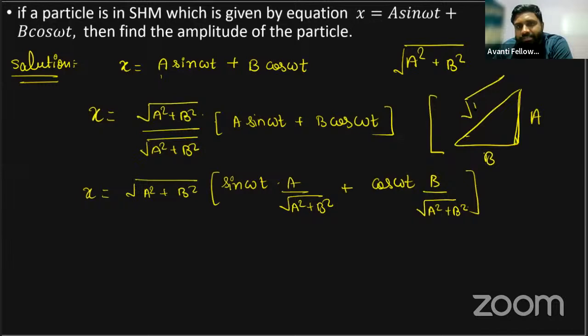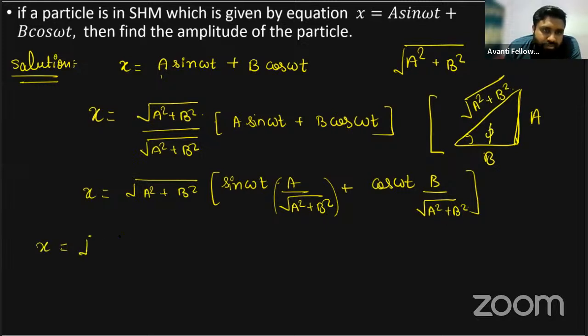So the hypotenuse here will become root of a square plus b square, and this is theta. Now you can put sine theta and cos theta in place of these. Or for a more specific value, you will take this as phi. So now see the magic.